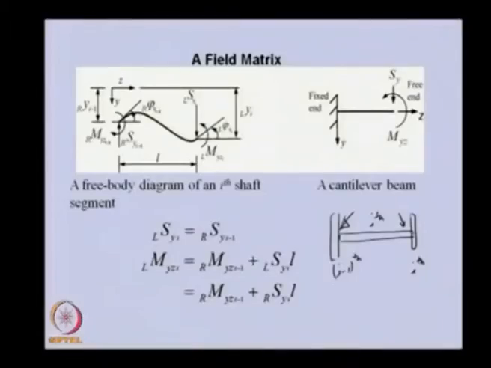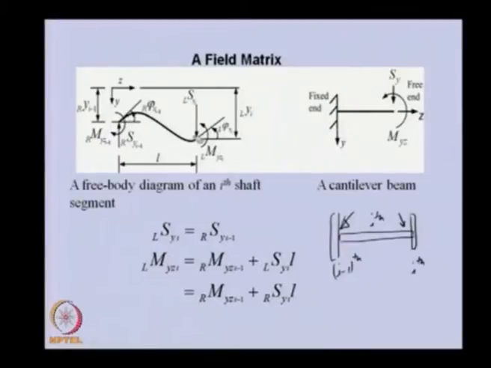The linear displacement of this end of the shaft, I am talking about the absolute displacement, will be the relative displacement of this end with respect to the left end, plus the displacement of the left end itself. So you can see there are two components of this displacement.